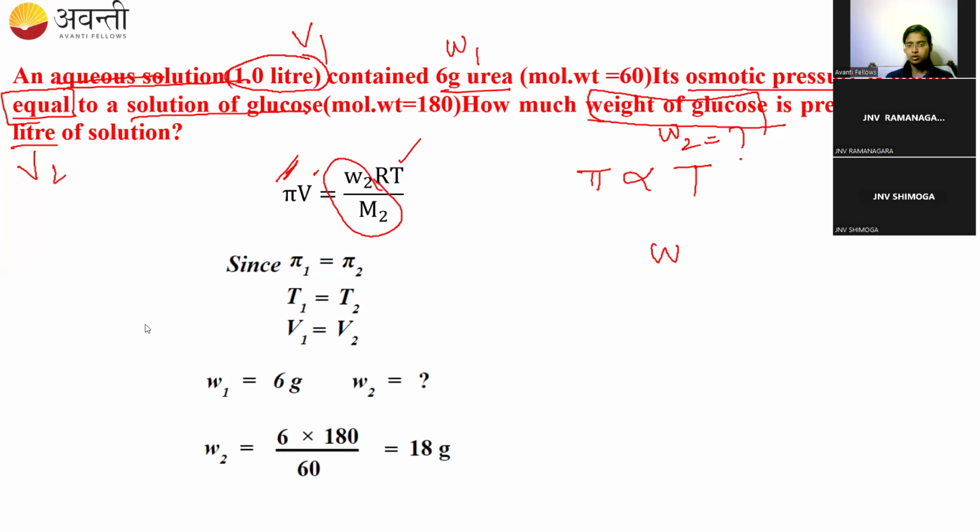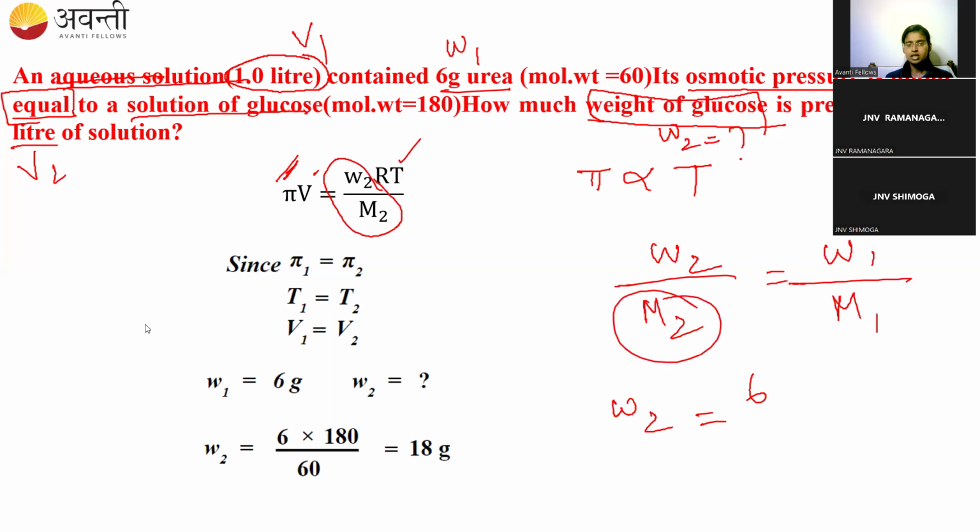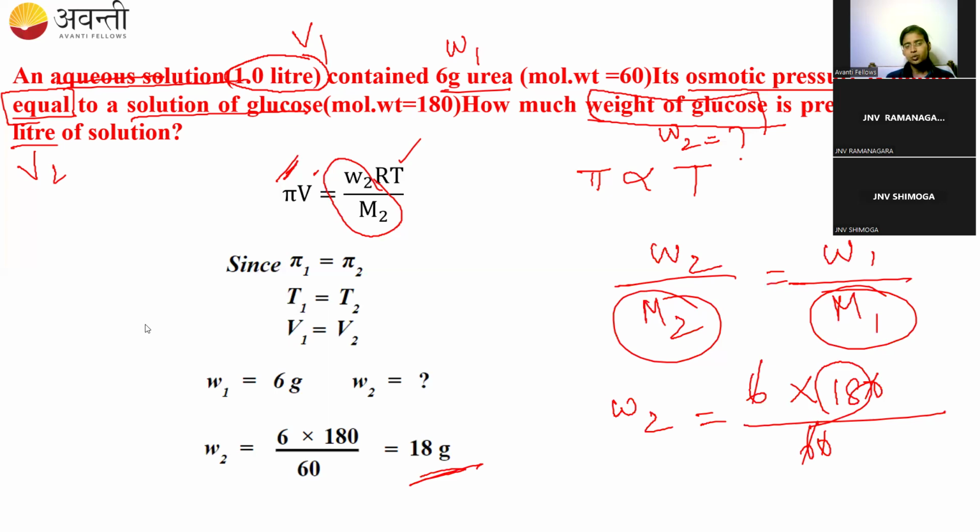Now W2 is equal to W1, which is 6, times M2, the molar mass of glucose, 180, divided by M1, the molar mass of urea, 60. We can cancel these and arrive at the value 18 gram. So 18 gram is the weight of glucose present in 1 liter of the solution.